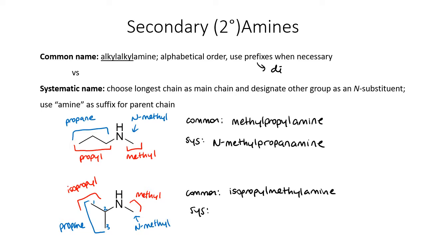So our systematic name for this molecule is going to be N-methyl-2-propanamine. And again, this 2 is just showing that the nitrogen is attached to carbon number 2 rather than carbon number 1 and having it be a long chain.